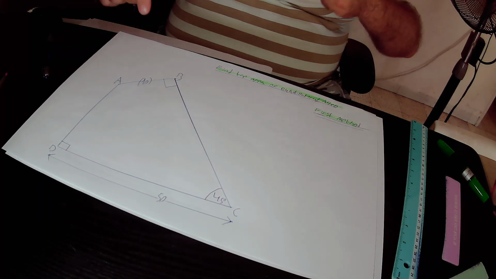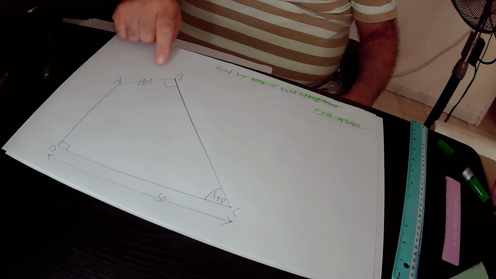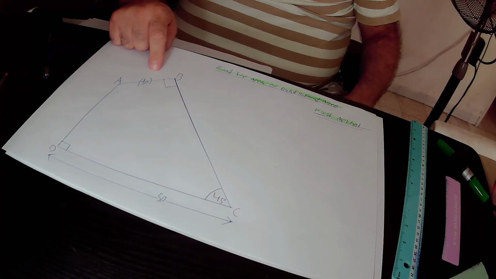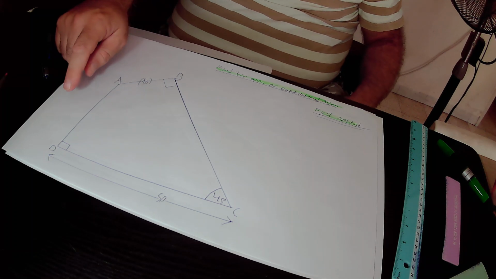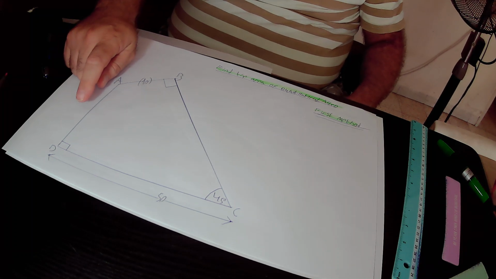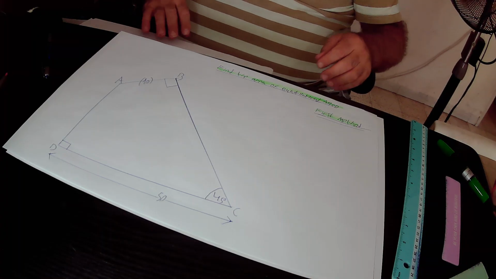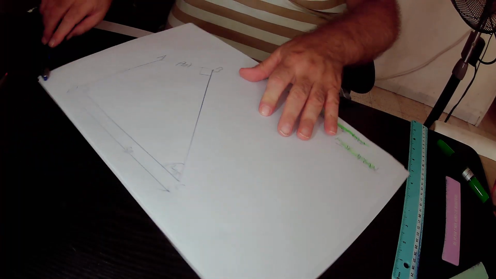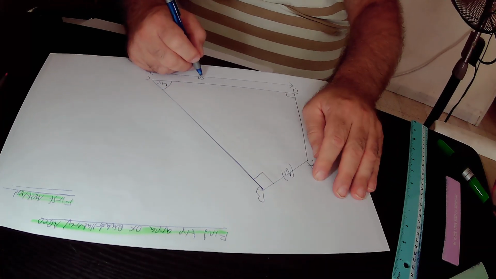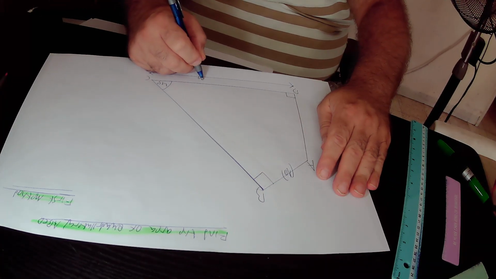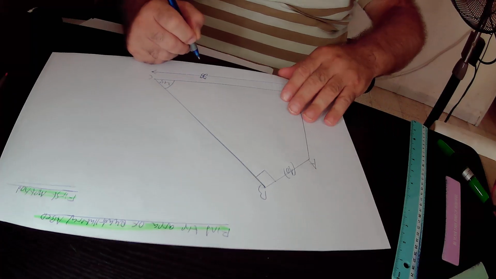So in the drawing we have quadrilateral ABCD. This is side AB, that equals 10 units in its length. This is side DC. Actually, side DC equals 25 units in its length.